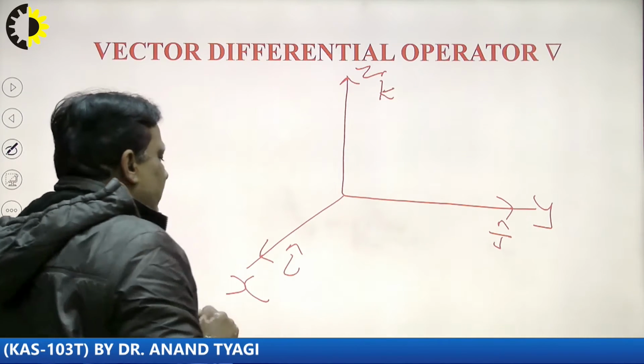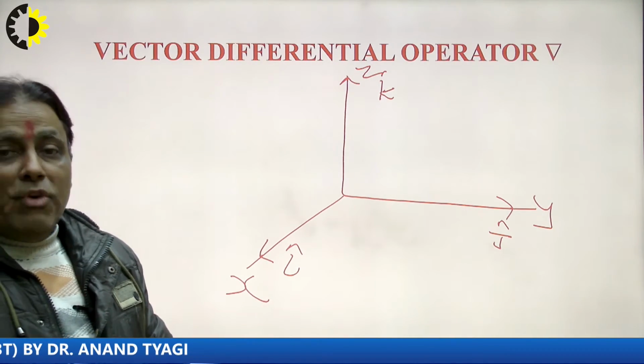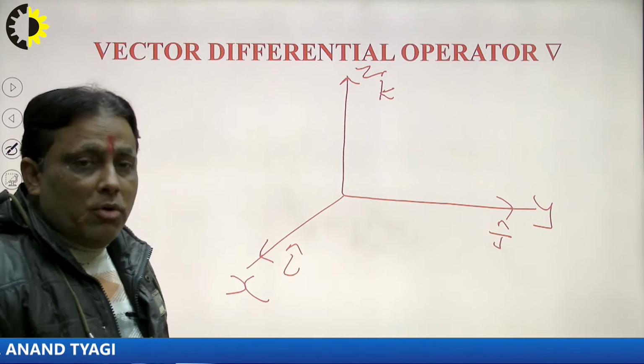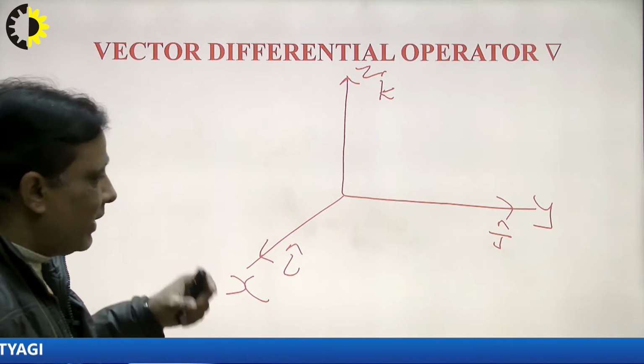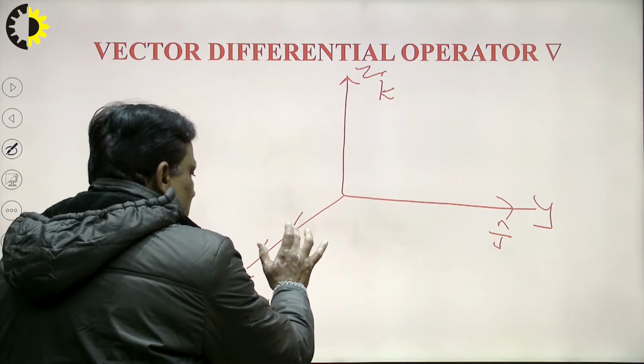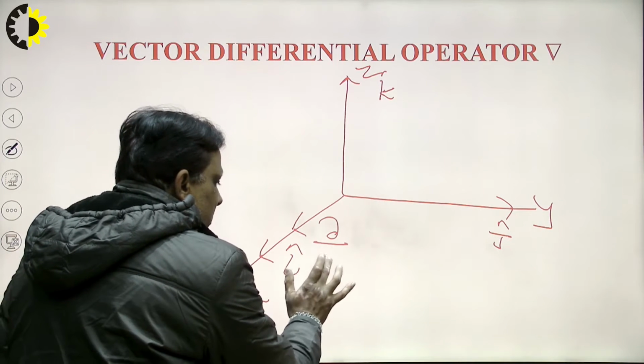Now the partial derivative represents the rate of change of a component of the function in the direction of x, and that plays the most important role: ∂/∂x.